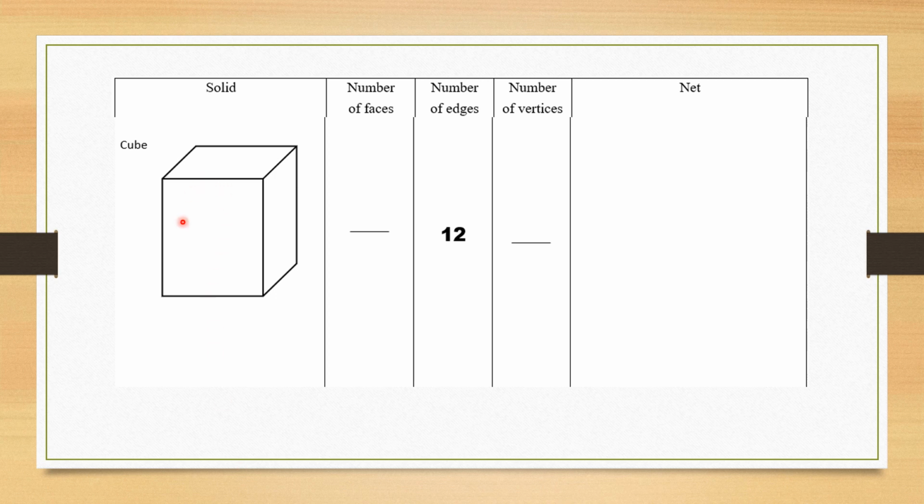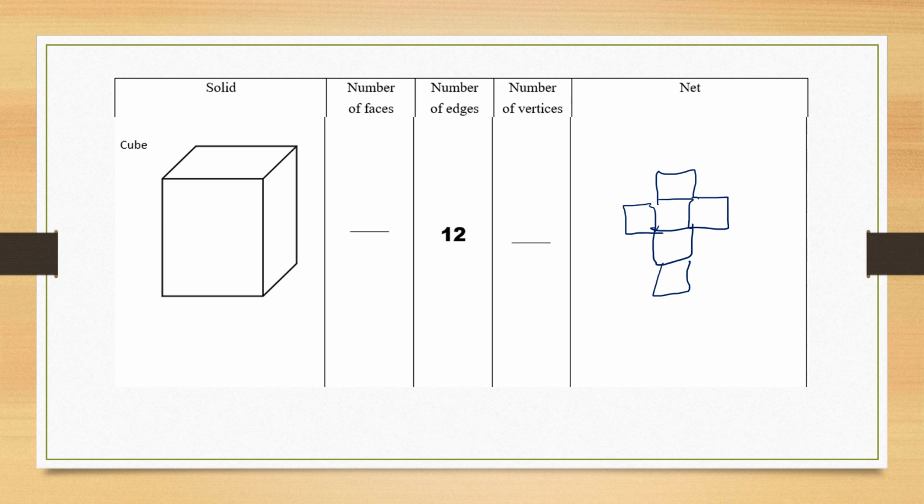Here we have a cube. We have to draw the net, and identify the number of vertices and the number of faces. So we're going to use the net. It's a cube, so it's squares. Let me just draw this a little smaller. It's when you take that shape and you flatten it.